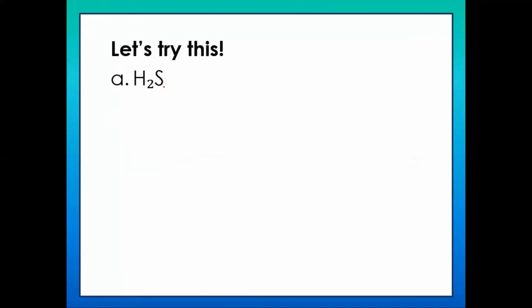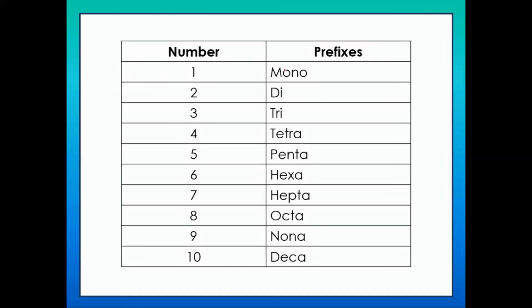Normally, we don't write 1, from what you've learned from my previous discussion when I discussed ionic compounds. In that sense, are we going to include the prefix? Yes. So, the prefix for 1 is mono. Okay? So, hopefully you follow that one.